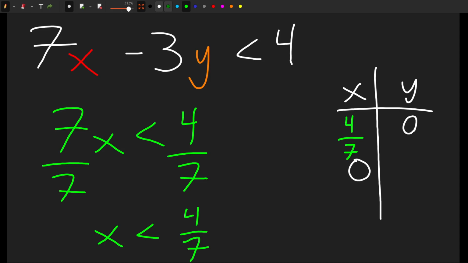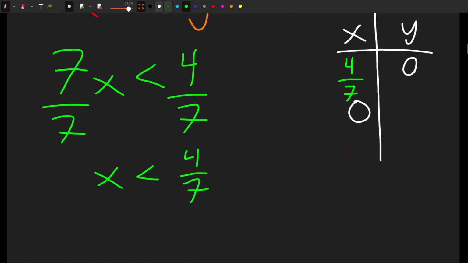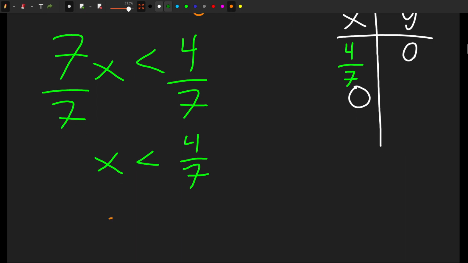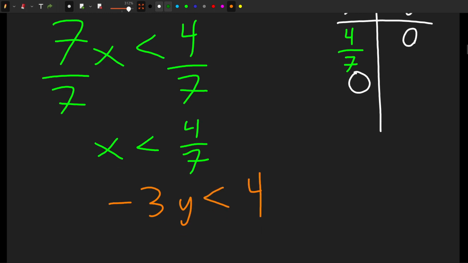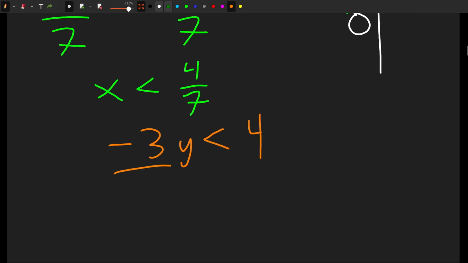On the other hand, for my y-intercept, I'm going to plug in 0 for x. And so for this one, I'm going to get negative 3y is less than 4. I'm going to divide both sides by negative 3.